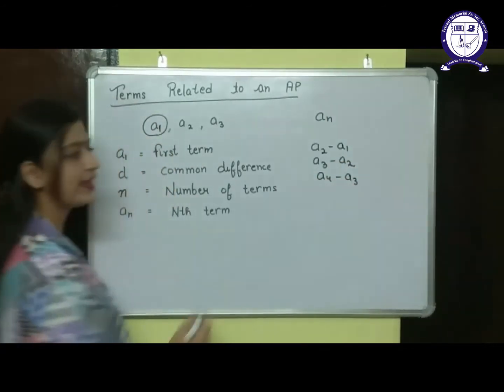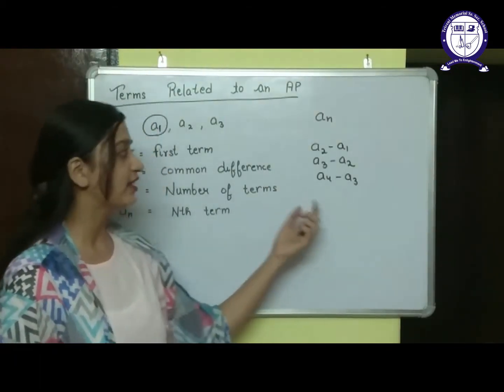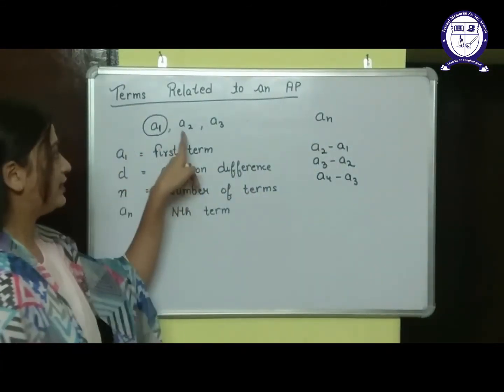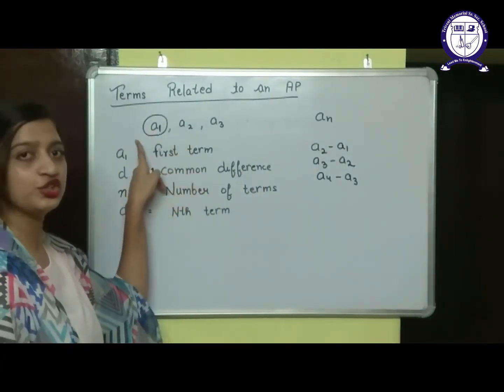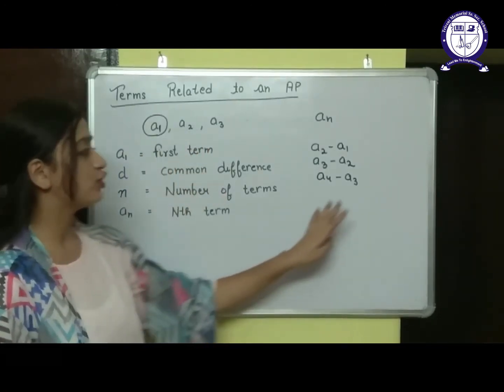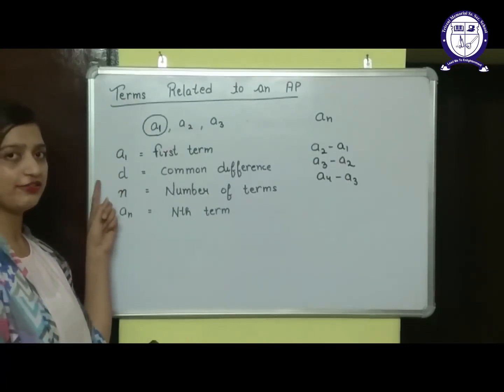So you can see that I am taking the difference between two consecutive terms, and the difference should be from the right side to the left side. That is A2 minus A1. It should not be like A1 minus A2. Okay. So this is denoted by my D. This is my common difference.